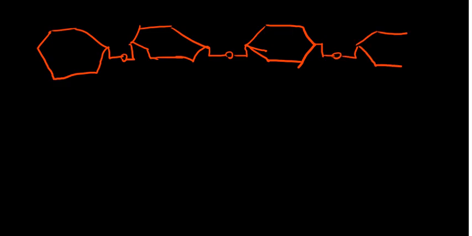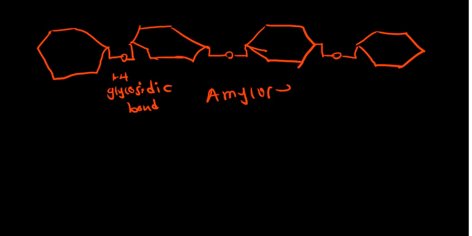So you've seen, this is a 1 to 4 glycosidic bond. So this is amylose. So this is just the structure of amylose. I haven't put some other additional information because we already looked at the structure of maltose in the previous video, so you know what to put here.